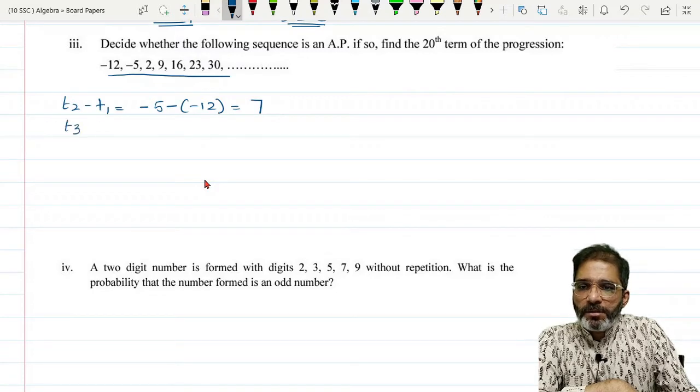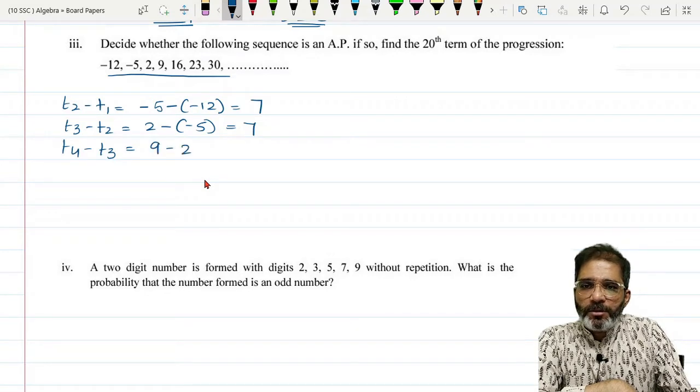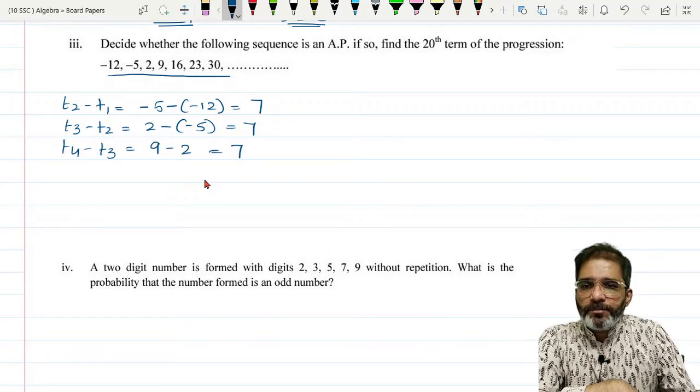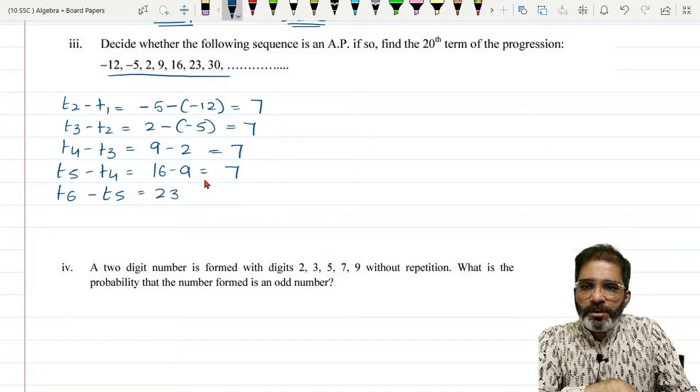Next is T3 minus T2, that is 2 minus of minus 5, yes, this is also 7. The next is T4 minus T3, 9 minus 2, that is 7. Next is T5 minus T4, that is 16 minus 9, that is also 7. T6 minus T5, that is 23 minus 16, this is also 7.